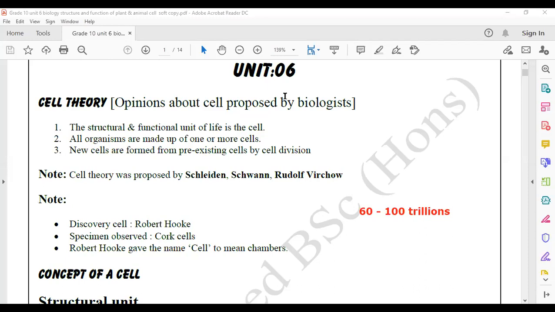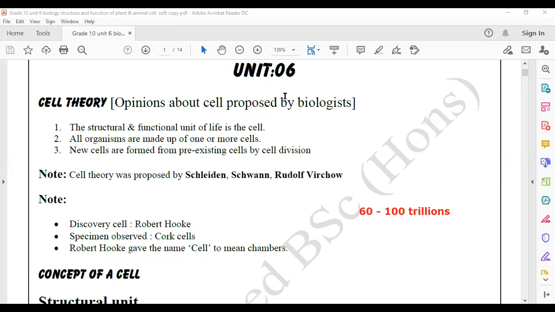So that first cell is the grandfather of all the cells in our body at the moment. Yes or no? If that one cell was not there, we would not be here, we would not be in this world.